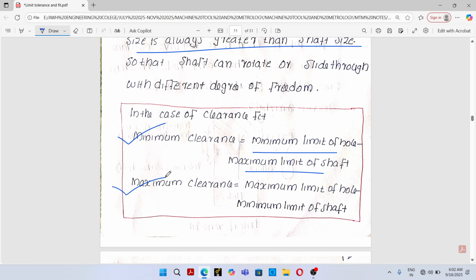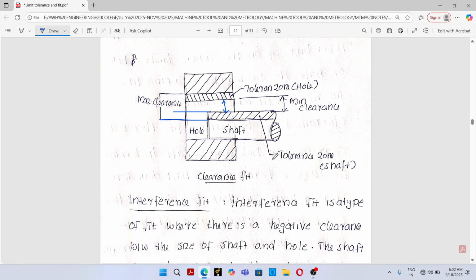Then maximum clearance is equal to maximum limit of hole minus minimum limit of shaft. So this is the figure which indicates clearance fit.